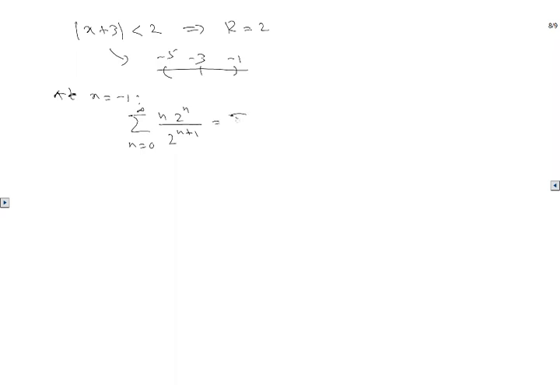This simplifies very well. This is going to be n over 2. It's clear that this diverges. The term just goes to infinity, so it diverges.